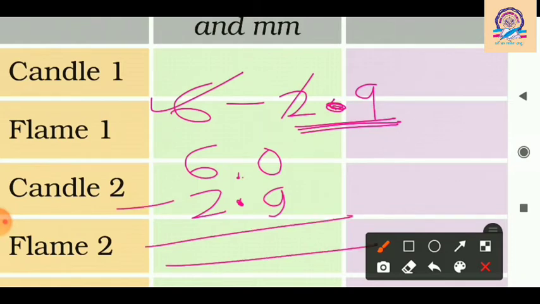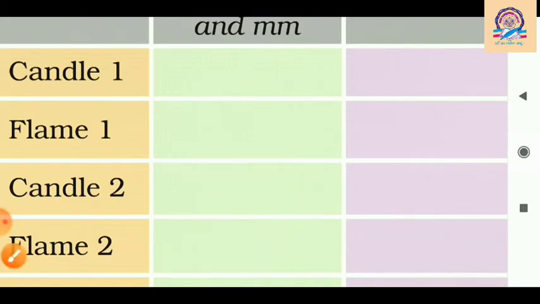In the tenths places we have 0 and 9, so we have to take a borrow from 6, so it will be 10. 10 minus 9 is 1, and here we have 5 now, so 5 minus 2 is 3, and also bring down the decimal point. So now it became 3.1. In both conditions we found the difference as 3.1.